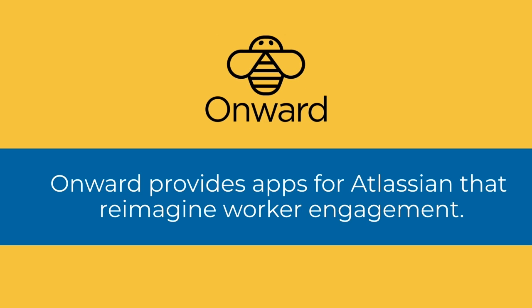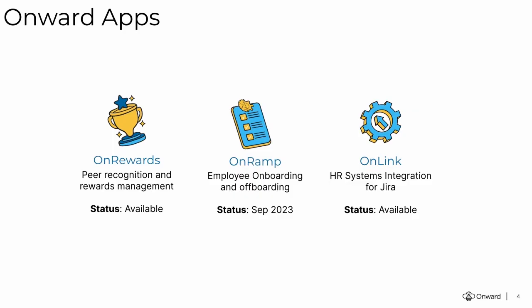Onward provides apps for Atlassian that reimagine worker engagement. We are currently working on 3 applications. One, on rewards. It's a peer recognition rewards management application. The application is available in the marketplace for customers to deploy and use it for their environment.